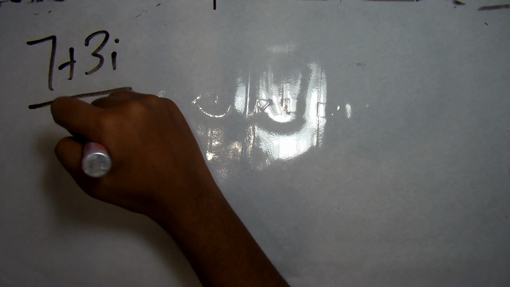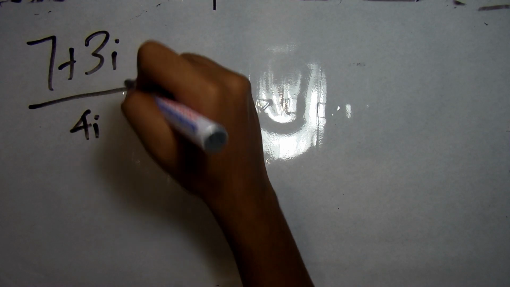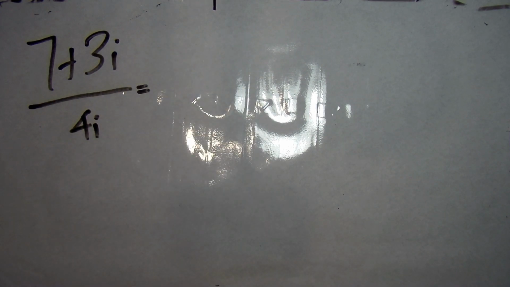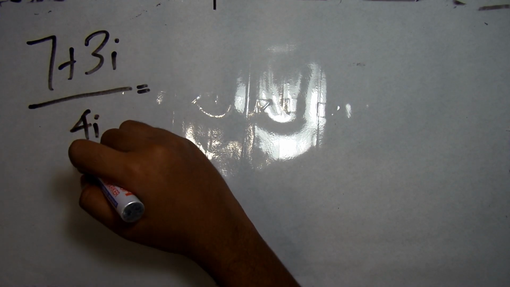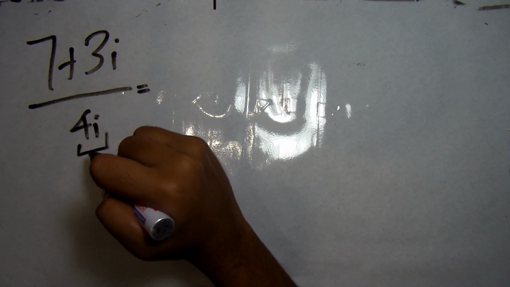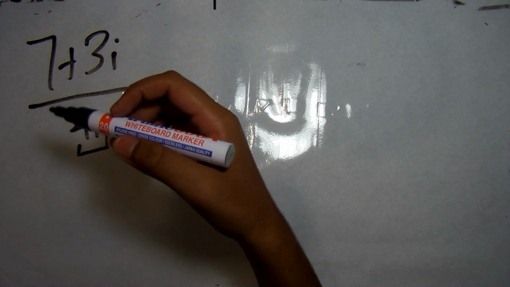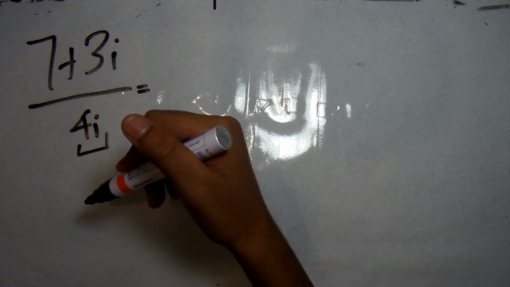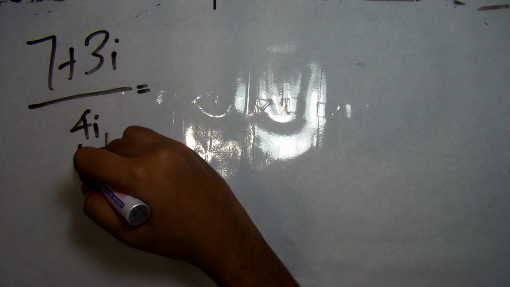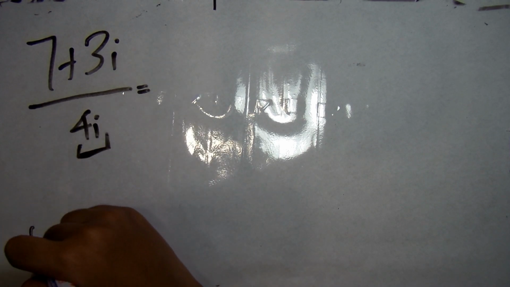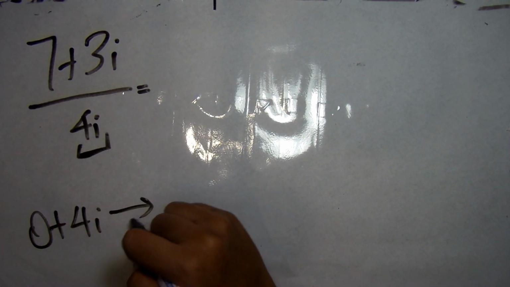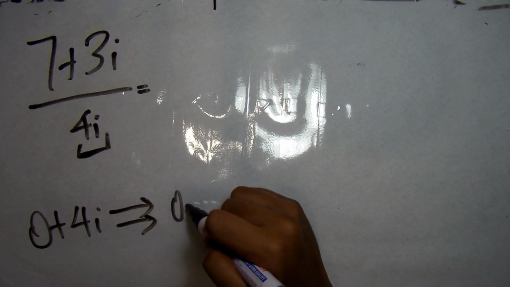So let's say we have the expression 7 plus 3i over 4i. Now, to get rid of any possible complex expression in the denominator, we have to multiply the top and bottom by the conjugate of the denominator. The conjugate of 0 plus 4i is 0 minus 4i.